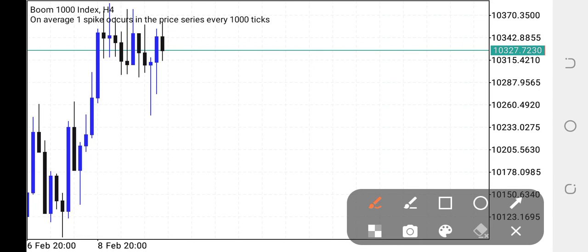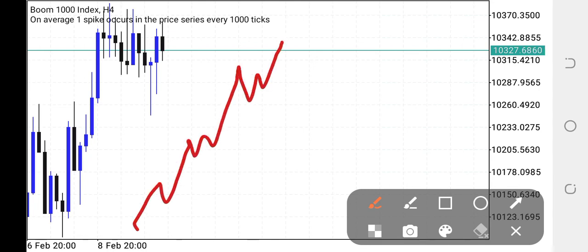Let's say, for example, we have this market moving in a bullish formation for some time, and this is what you're going to see. This is how we tend to spot them. You always want to see them at the top of an uptrend.